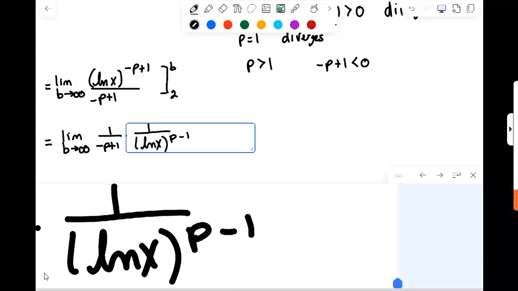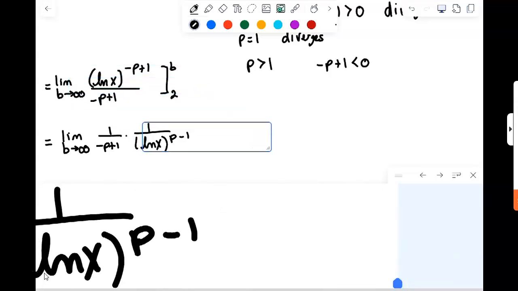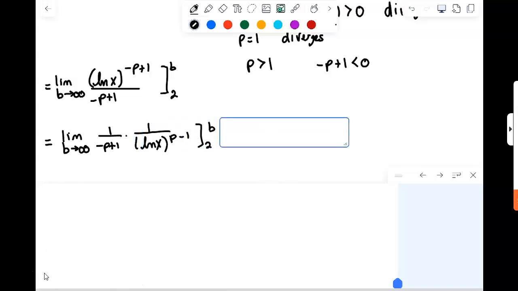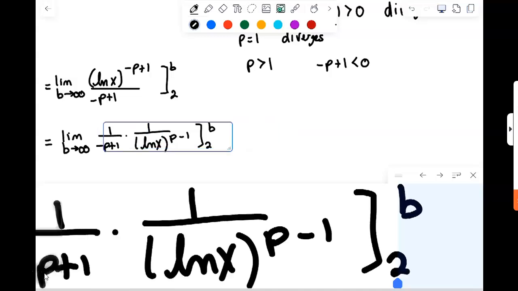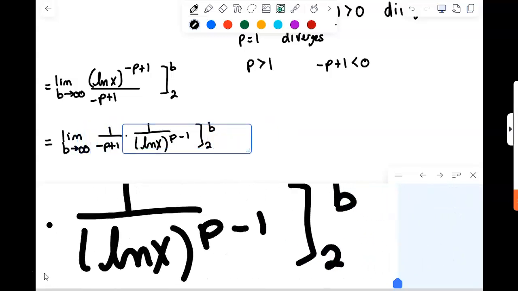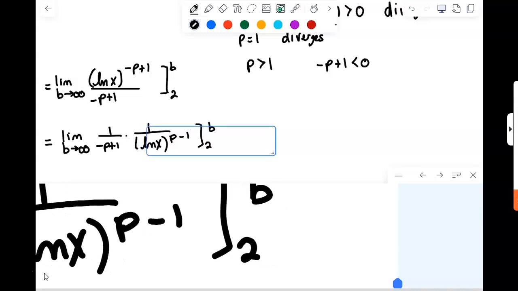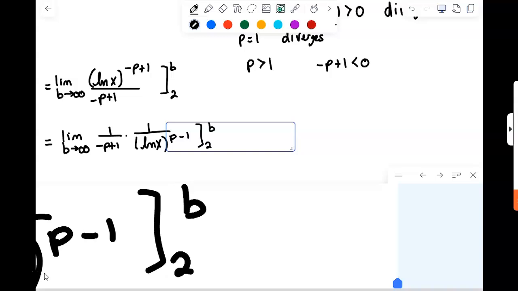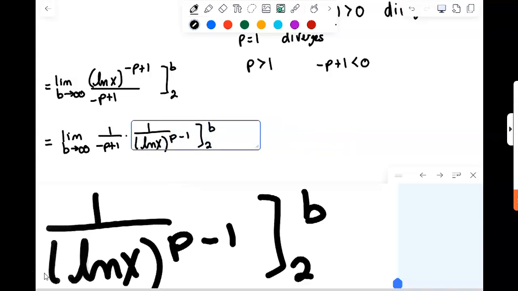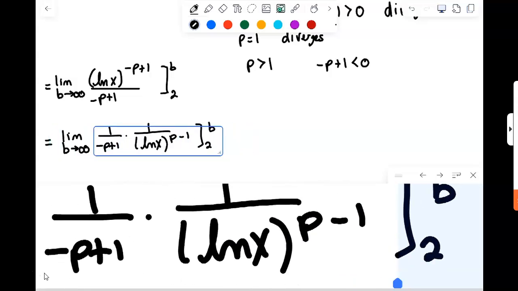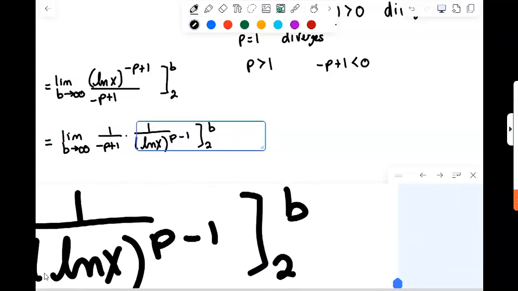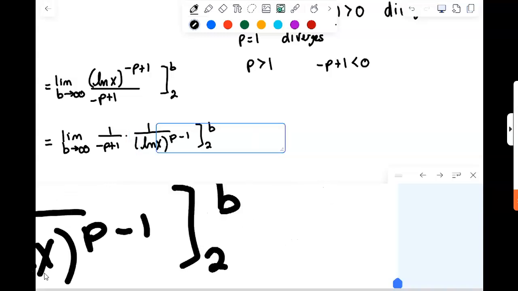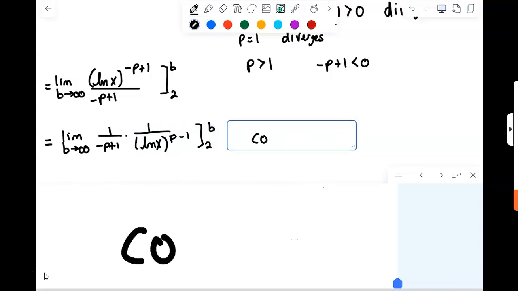When we factor out the negative there, and that's evaluated between 2 and b, this thing is going to converge to whatever, ln of 2 to the p minus 1 power, whatever that is. But that stuff with the b, as b goes to infinity, all of that's going to go to 0, because you're going to have 1 over infinity. So it will therefore converge.